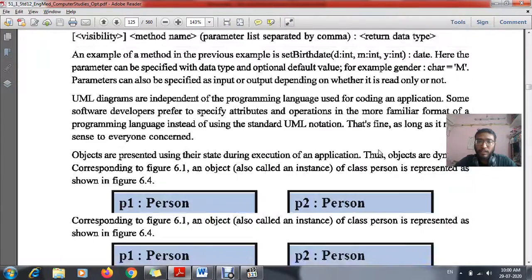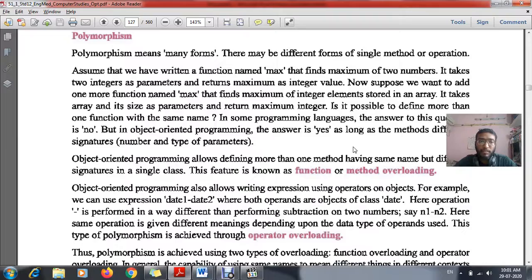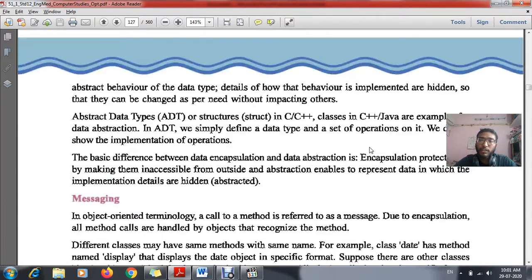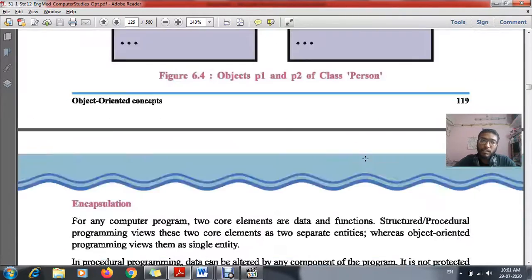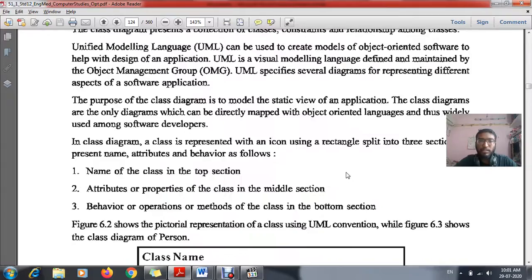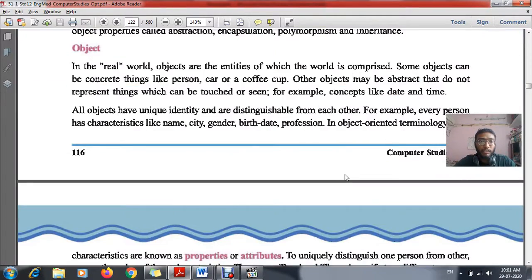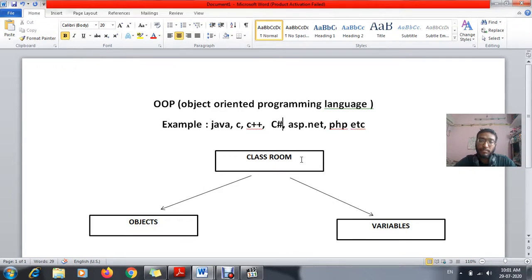There are no programs. That means Java programs won't be there, only the introduction. Okay, so introduction means only the definition part will be seen in this 6th chapter. Okay, so we will be starting with your first topic, that is known as objects.